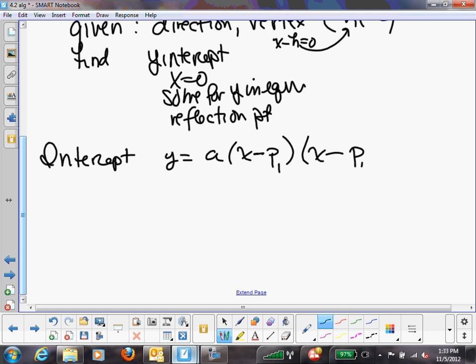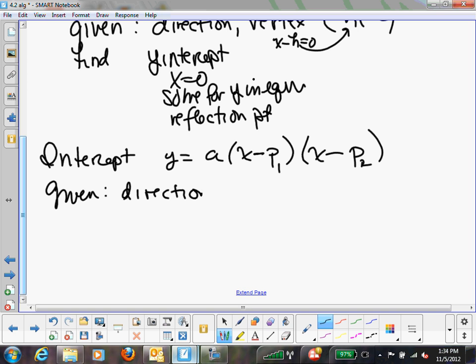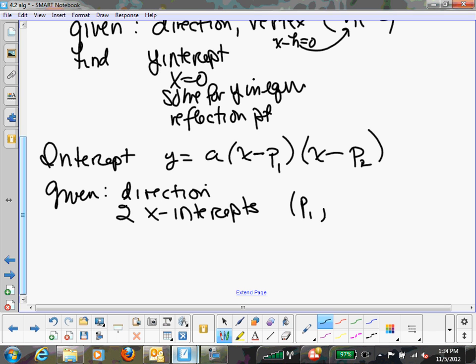We'll make this P1 and P2 because they're different, right? So what's given? You're given the direction and 2 x-intercepts. It's going to be P1, comma 0 and P2, comma 0. And they're the opposite signs, right?